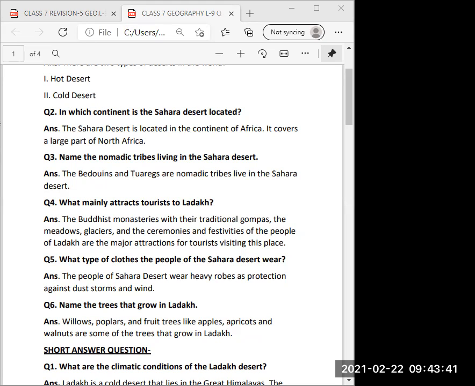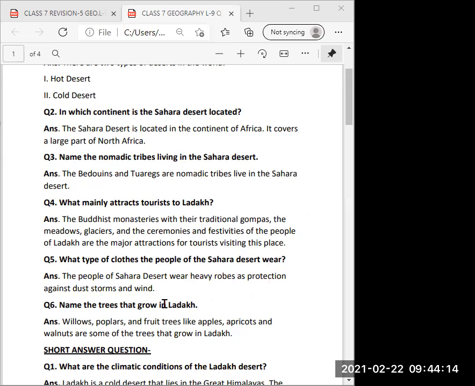As Sahara Desert is a hot desert area, there is a lot of sand. So if a hot place is there, then people will wear long robes as a protection against dust, storms and wind. When the wind blows, naturally dust storms will blow with it. Sand will be carried from here to there. That is why the people there wear heavy robes as protection against dust storms and wind.